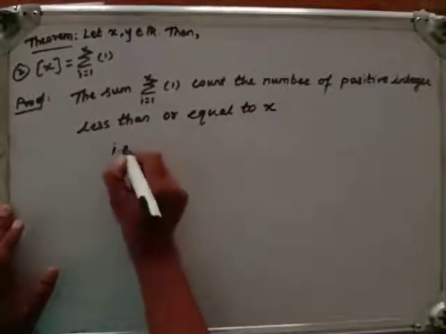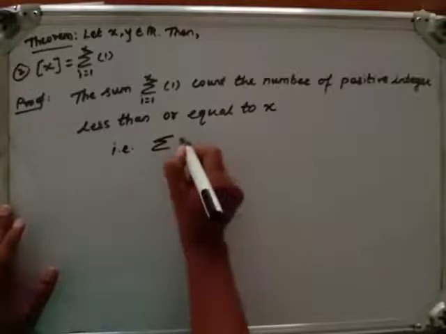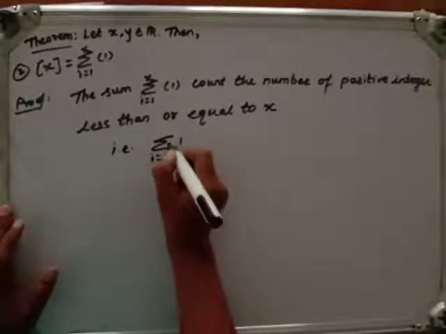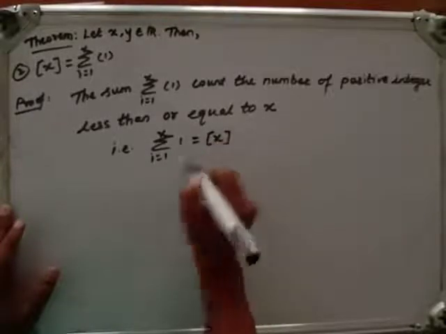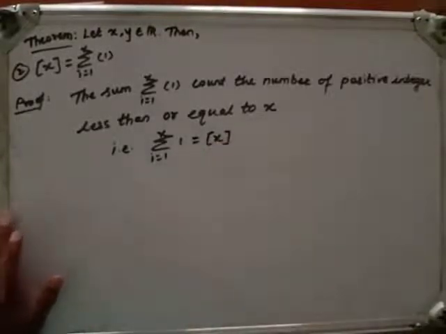That is, the summation of 1, i from 1 to x, equals the greatest integer function of x.